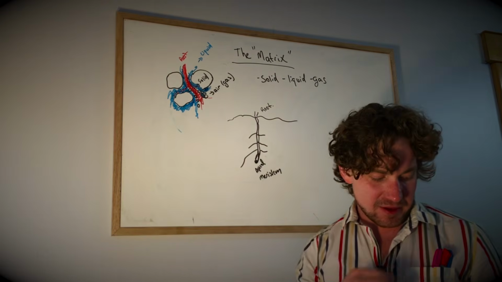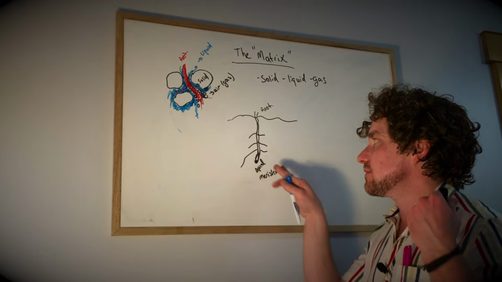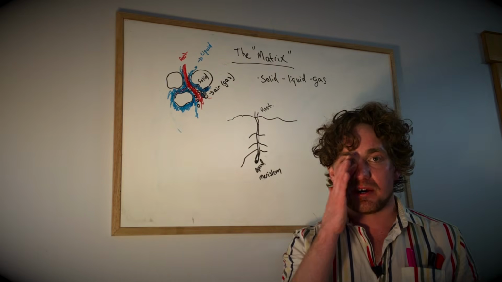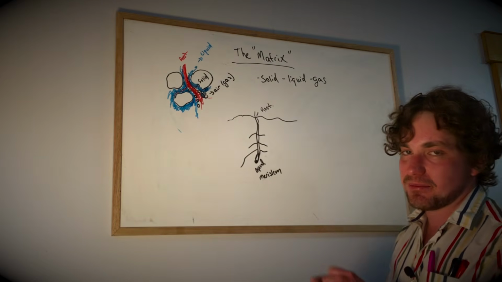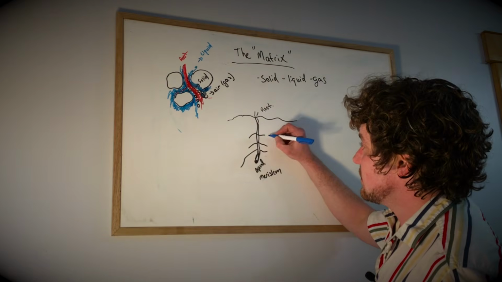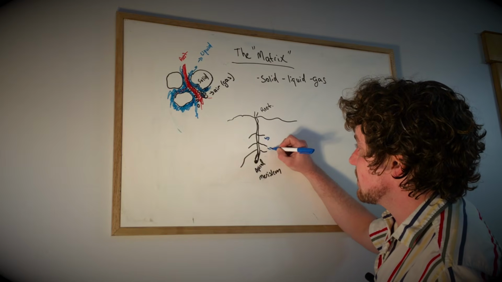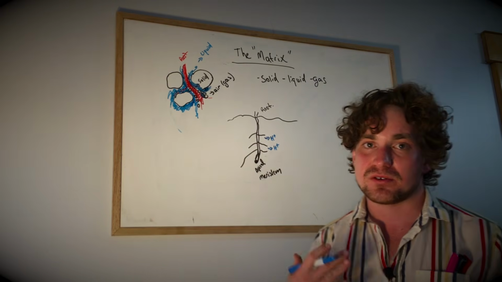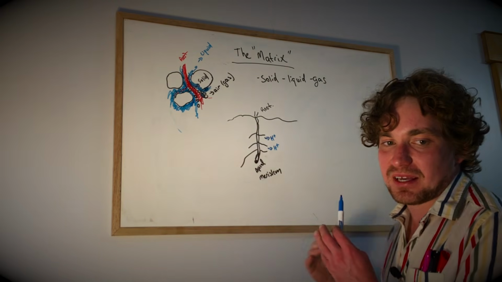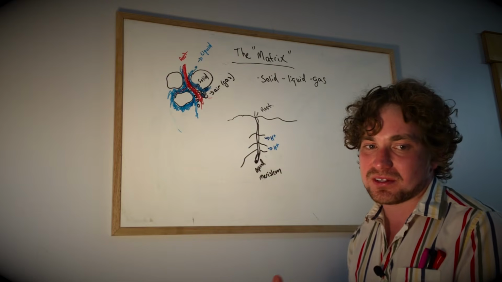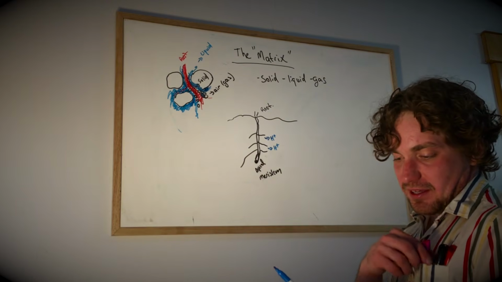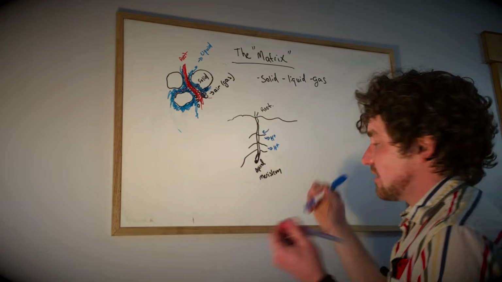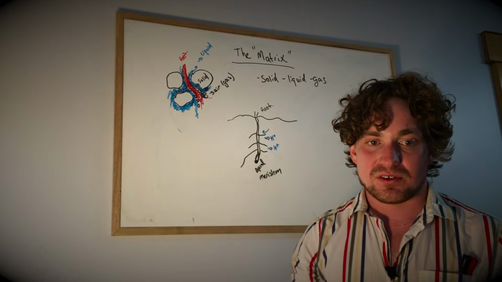Okay, so I've gone ahead and just drawn a root here. So this is your apical meristem. Cannabis is a dicot. And what ends up happening in the matrix is the roots themselves are exuding protons or hydrogen or hydronium. And in exchange for these protons, the roots are drawing in the ions available in dissolved solutions.